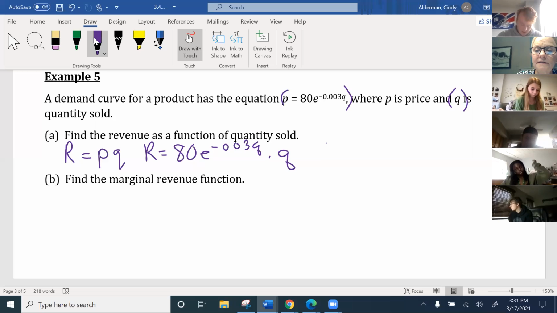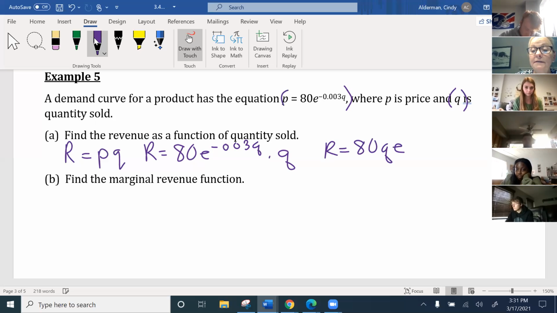So let's make that look a little nicer. 80q e to the negative 0.003q.